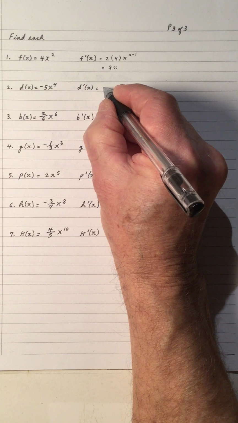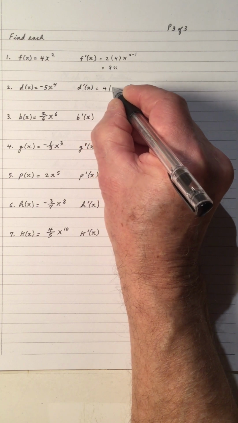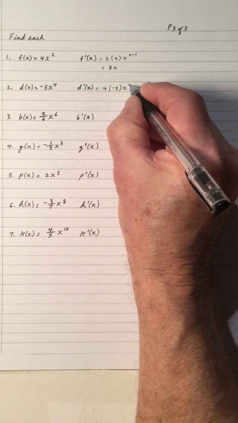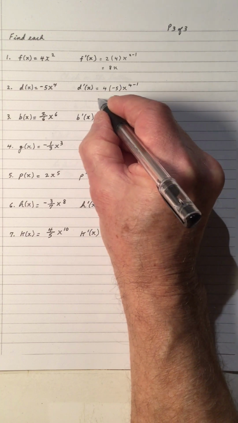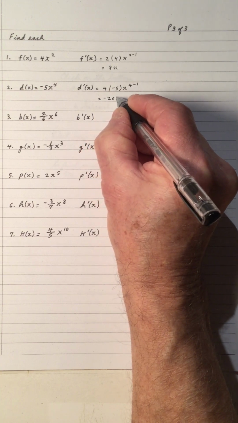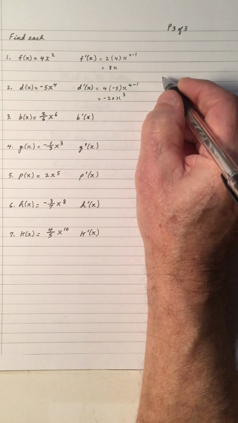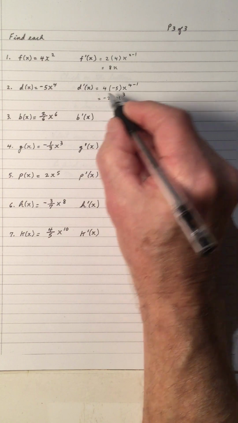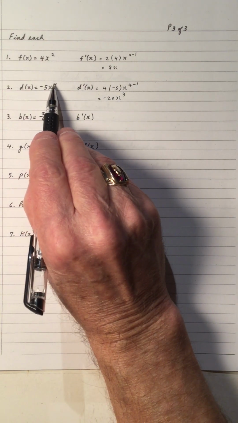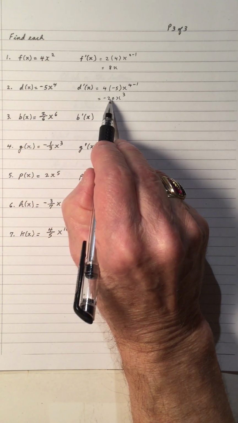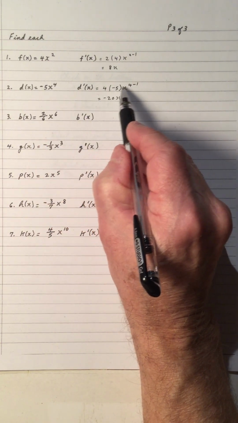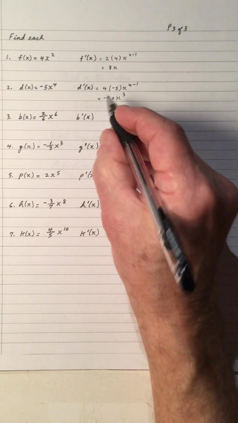The derivative here is 4 times negative 5, and the power is decreased by 1. So we get negative 20x cubed. So notice I'm taking 1 away just to show you. If you want, you can just say 4 times negative 5 is negative 20, and that becomes a 3. So you don't have to show it. I'm just showing you this multiplication here, how it works.